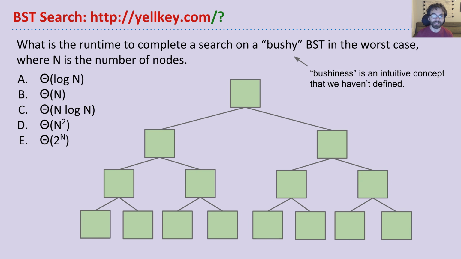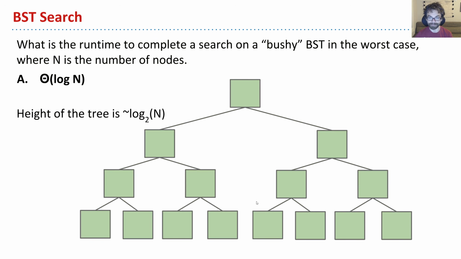Okay, so it turns out the correct answer here is log n. So we look at 15 items. We only have to go 1, 2, 3 steps in order to find the correct answer, looking at a total of 4 different items. Now to get up to needing, let's say, 6, we would actually need to have about 4 times the amount of tree because at every level, the number of nodes is double what it was on the previous level.